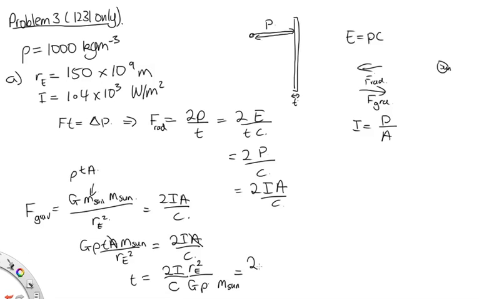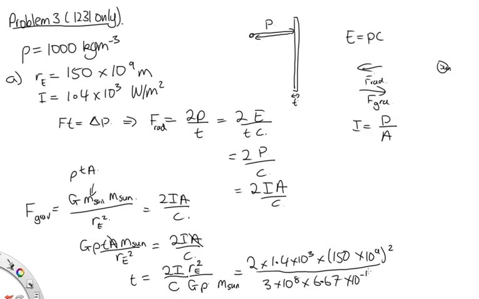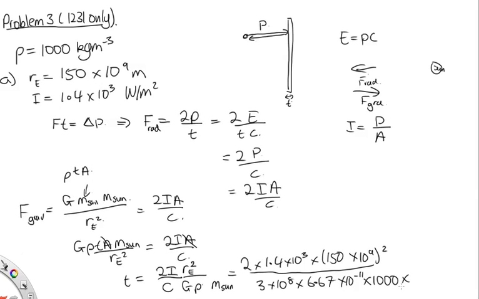So we've got 2 times 1.4 times 10 to the 3 times 150 times 10 to the 9 squared all over 3 times 10 to the 8 times G, which is 6.67 times 10 to the minus 11 times the density, which is 1000, times the mass of the sun, which is 1.99 times 10 to the 30 kilograms.